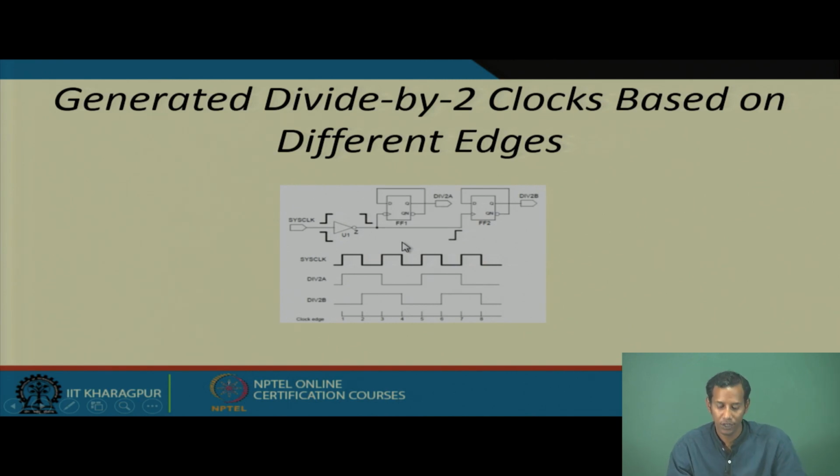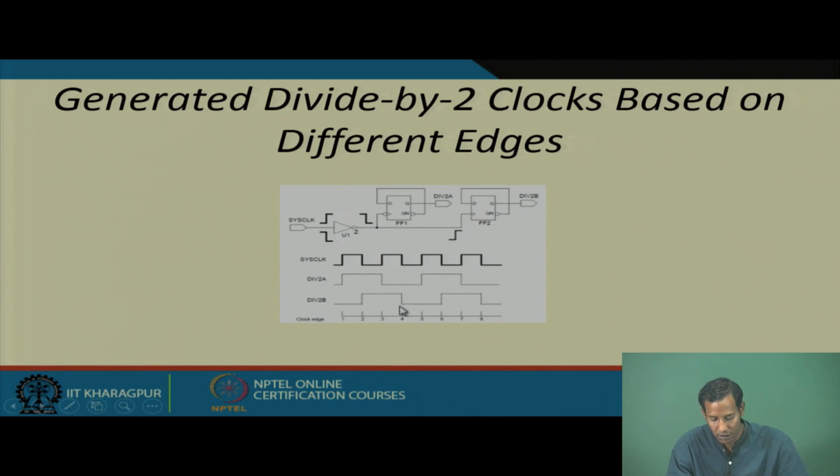That means the flip flop A will generate the divided clock at the positive edge, and the other will generate it at the negative edge, because it is already inverted.